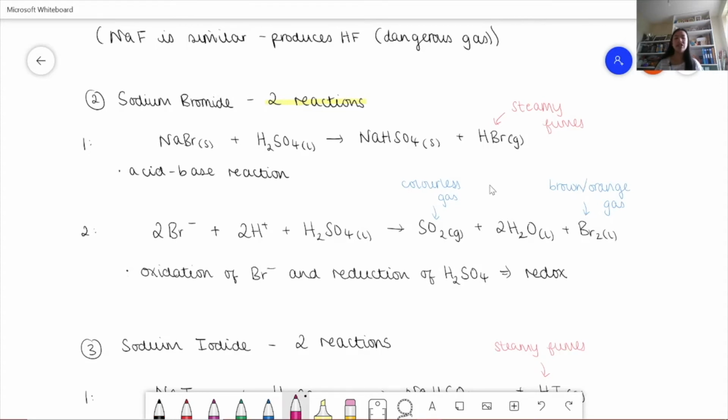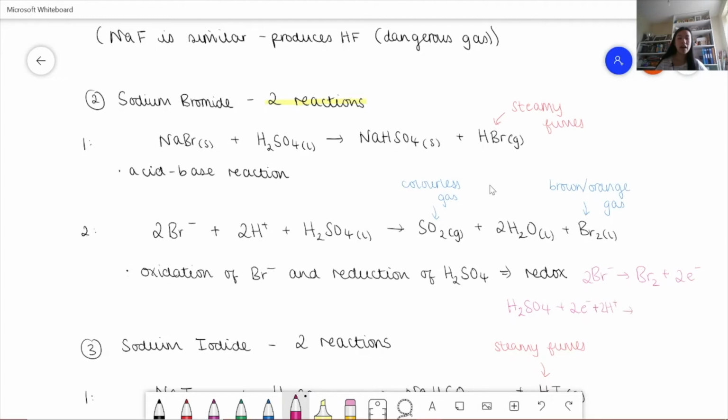So how they've actually got this bottom equation is that firstly they have bromide ions which have been oxidized, so they form bromine molecules and 2 electrons, and also the sulphuric acid, they've reduced that to form sulfur dioxide.